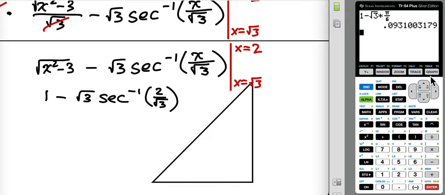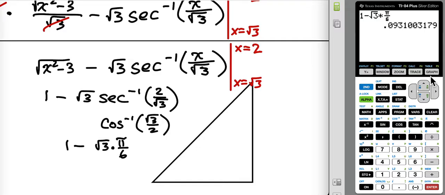That's a weird situation, but that's the same as saying the inverse cosine of radical 3 over 2. So that's going to be pi over 6. So 1 minus radical 3 times pi over 6.